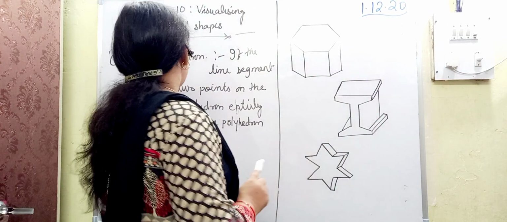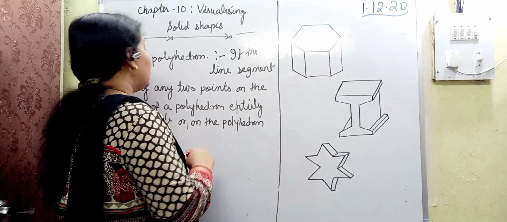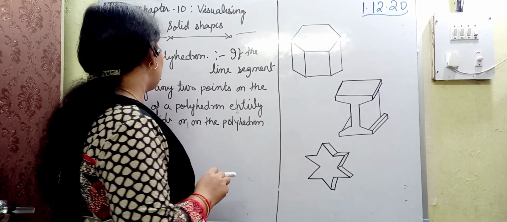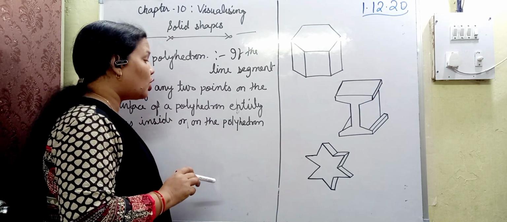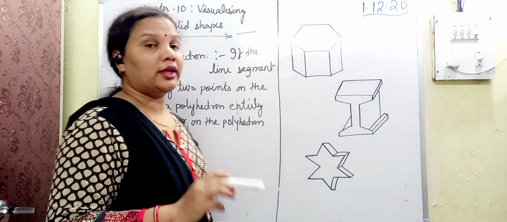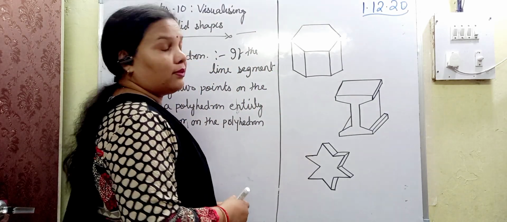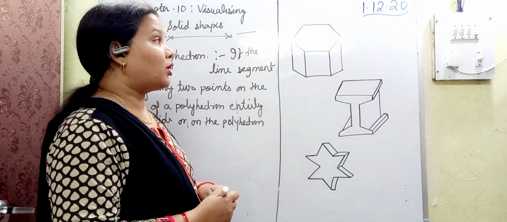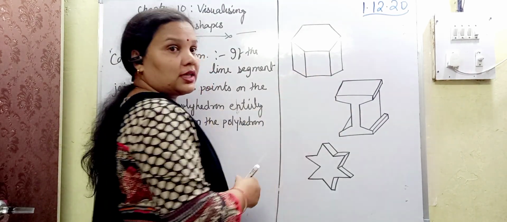Okay. Now the next topic is convex polyhedron. A polyhedron is convex if the line segment joining any 2 points on its surface lies entirely inside or on the polyhedron. So convex polyhedrons are those where, if we draw a line joining any 2 points, it always lies inside the polyhedron. Suppose I take this first example.